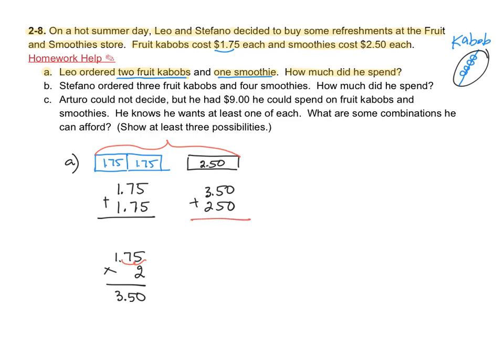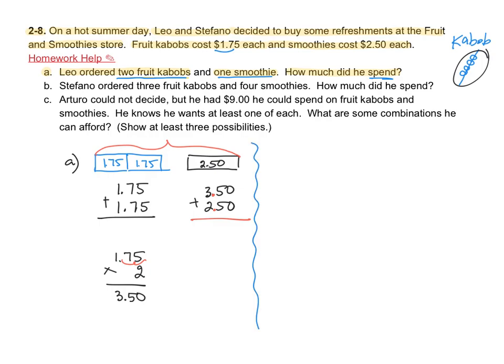When you add decimals, remember to line up by the decimal place value, the whole numbers and the cents. So you should get $6 even. And that is the answer for how much Leo spent. So we need to make sure we write that in a full sentence before you continue with the problem.